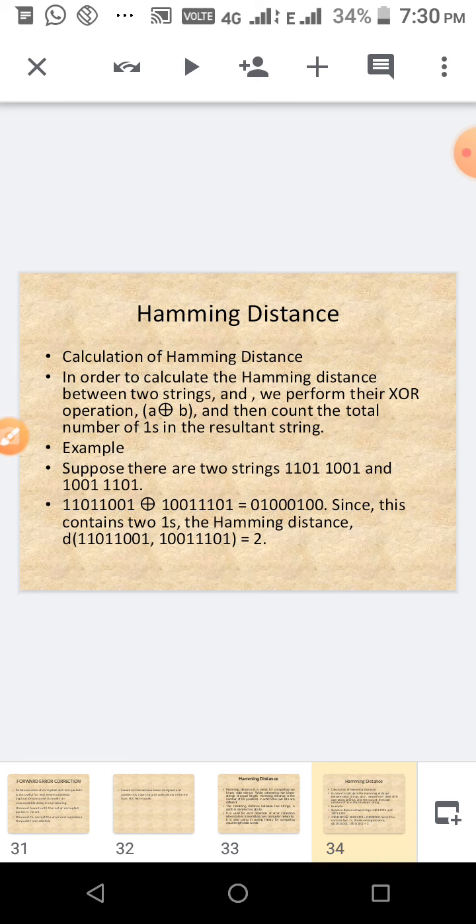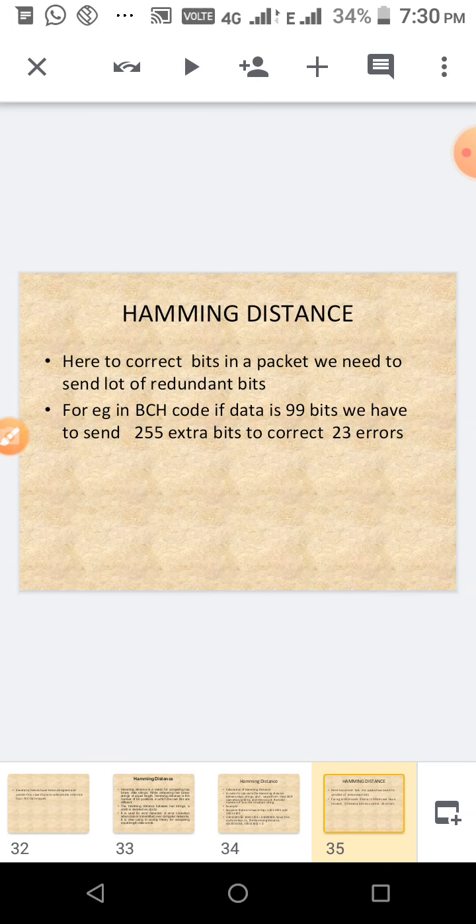Like this we do the XOR operation. In the result, how many ones are there? Two ones, so the Hamming distance is 2. This is how to find the Hamming distance between two numbers.